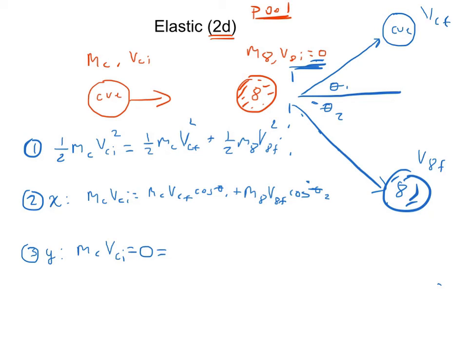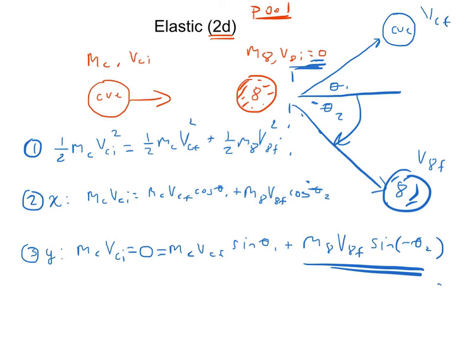So then we get mc, the mass of the cue ball times the final velocity of the cue ball sine of theta 1 plus mass of the 8-ball times velocity of the 8-ball final times sine of negative theta 2. Negative because it's opening up downwards. And so this result will be a negative value.